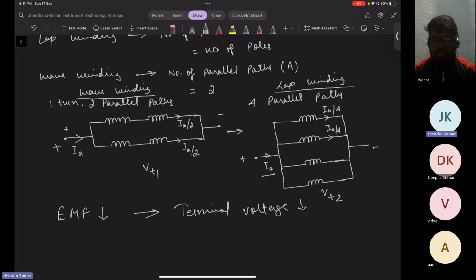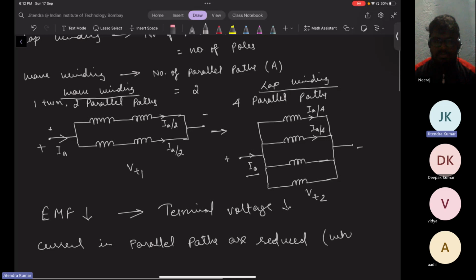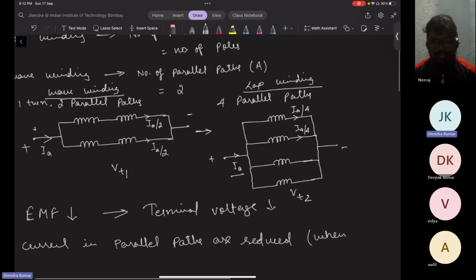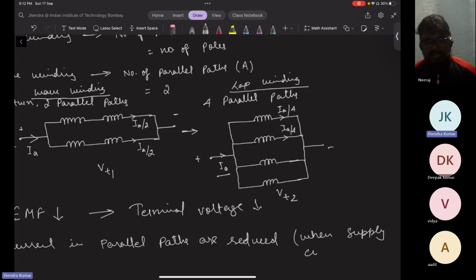Let me write it: current in parallel paths are reduced. But when your supply current is the same, when supply currents are the same in both cases.